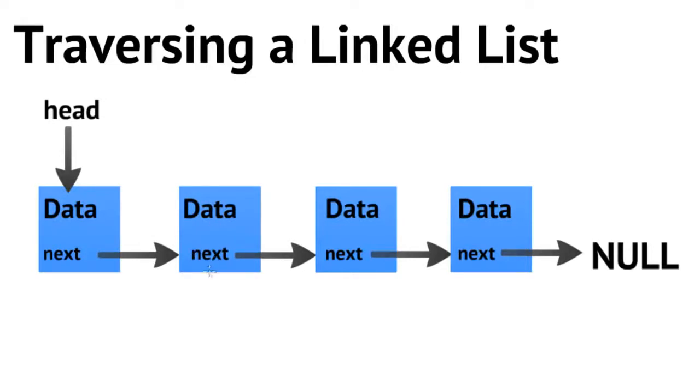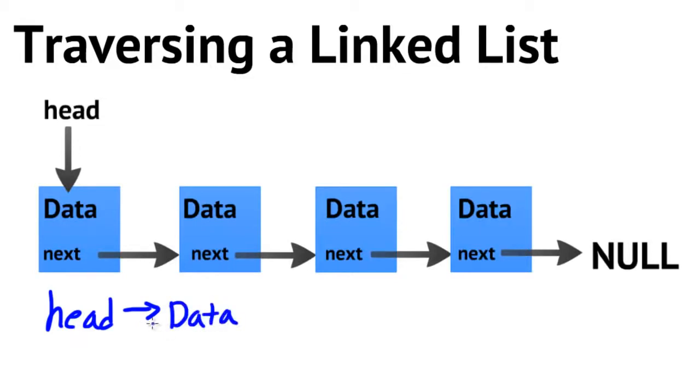So you're probably thinking, okay, well, we don't have those index values, but we do have this head pointer here. So this head pointer would allow us to get to this very first node. And if we're interested in accessing any of the data associated with this first node, the one being pointed to by the head pointer, we could write code like this. We could say head and then use our member access operator and then specify what data member we're interested in accessing.